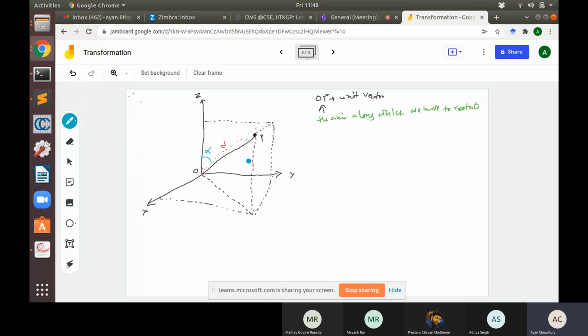Since we cannot put it from here to the z-axis directly, we will first put it in the xz plane, and then from the xz plane put it directly onto the z-axis. So this is the first case, and in the second case we do it like this. That's how we plan to do it.